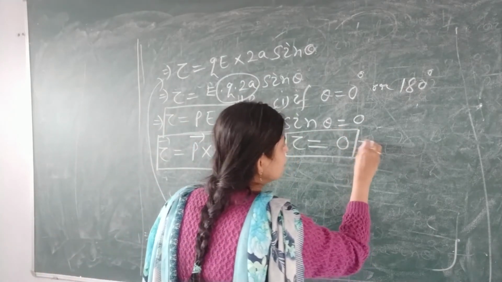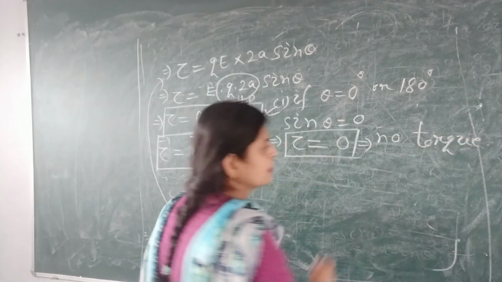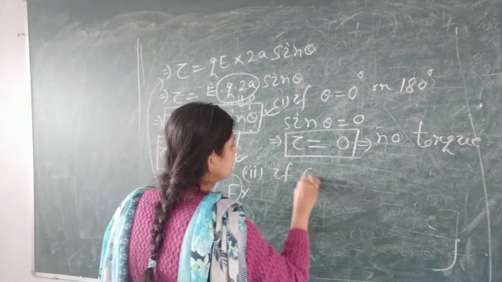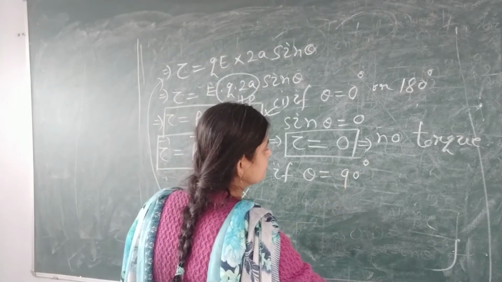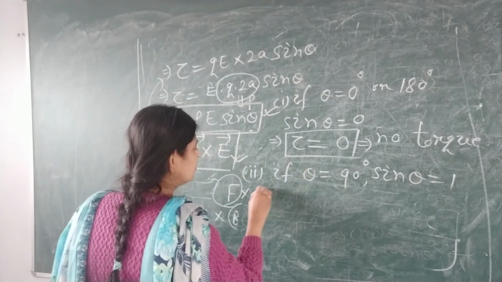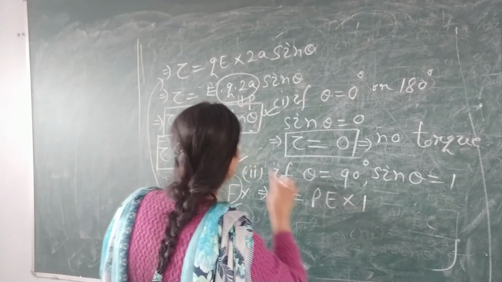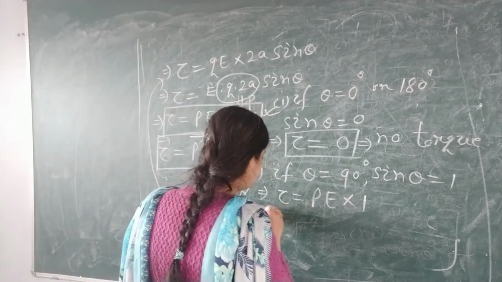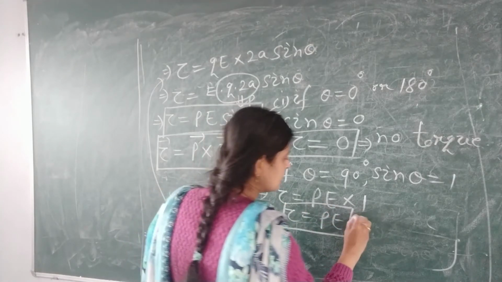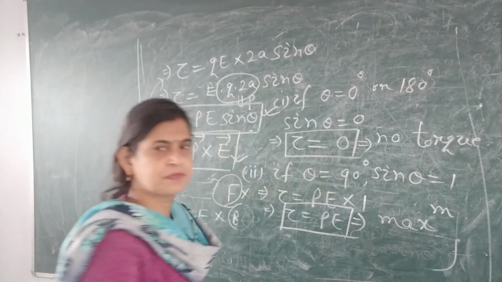Or in other words, we can say no torque will be experienced. Second, if theta is equal to 90 degree, sin 90 is equal to 1, so in that case torque will be PE into sin theta, which is equal to 1. Or if I write torque is equal to PE, that means in this case the torque will be maximum.